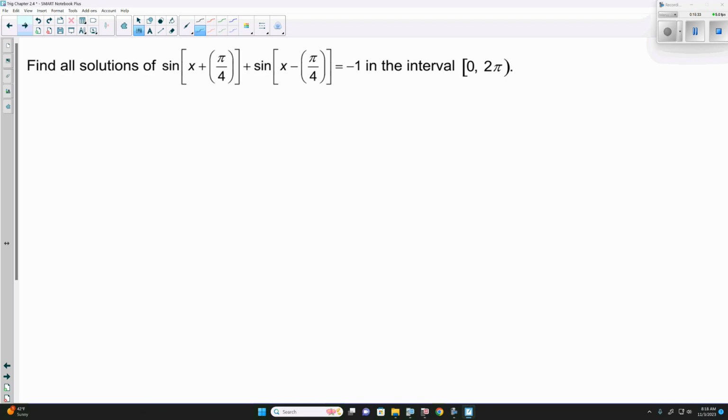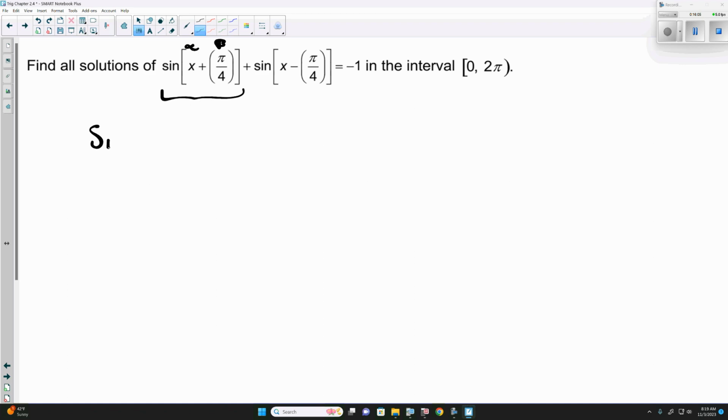Now with solving, find all the solutions for this here on the interval of 0 to 2 pi. Now the first thing we can do, especially with both of these here, is rewrite them with their formulas. So the first one that we're going to rewrite is our sine of x plus pi over 4. This is our sum identity, with alpha being x and beta being pi over 4.